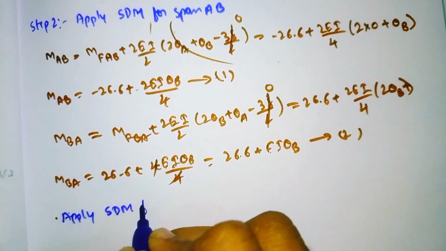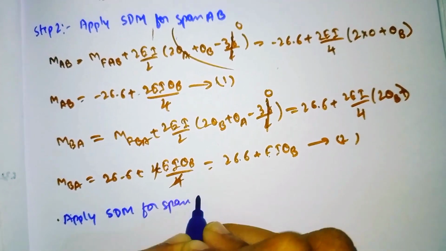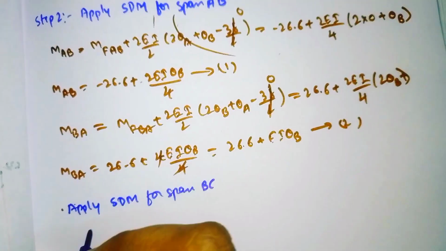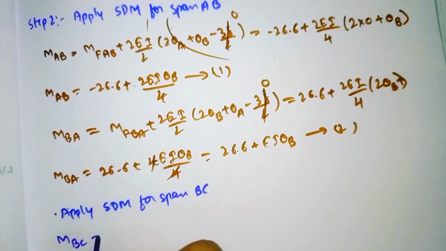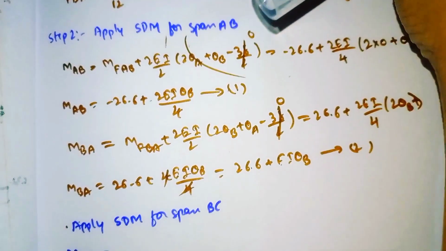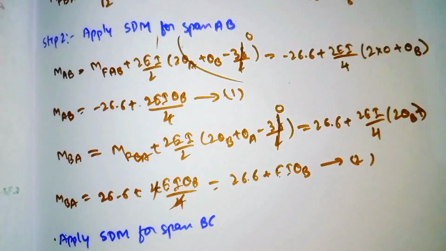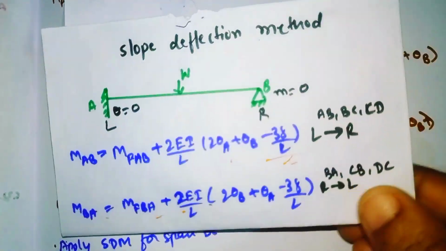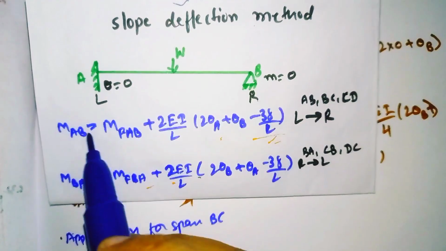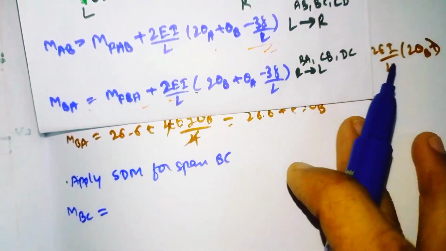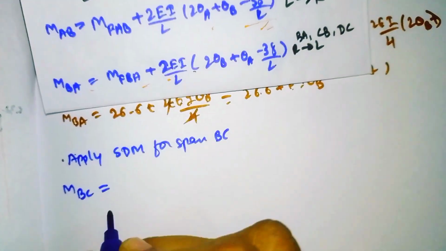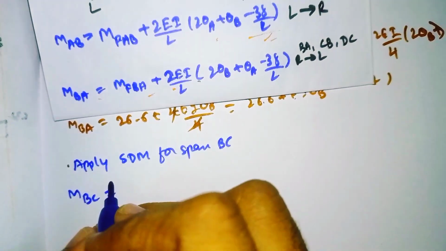Slope deflection method for span BC, we have the formula MBC is equal to... so we need to apply this formula. In case of AB we need to put BC here.